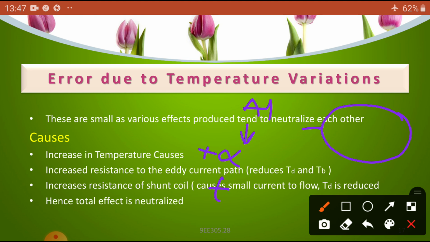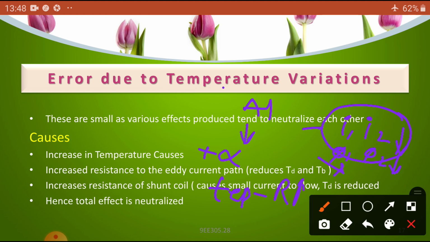If temperature increases, its resistance increases. If resistance increases, the I1 and I2 produced in the disc also reduce. If they reduce, the flux produced by I1 and the flux produced by I2 also reduce. Then the opposition to the main flux also reduces and it lowers this value.